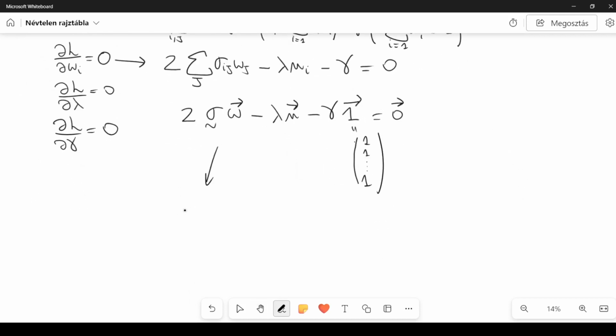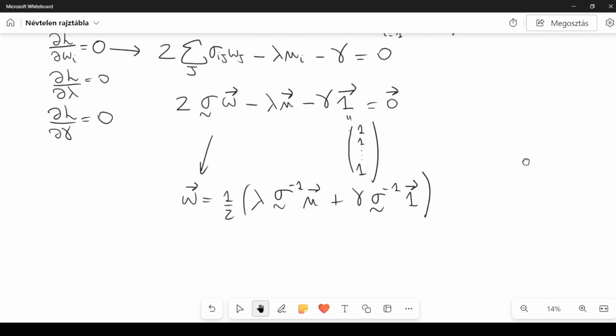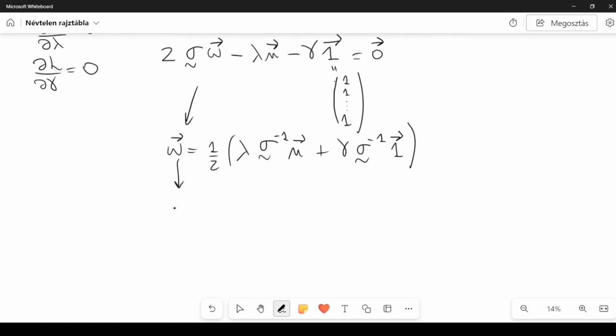So you can rewrite it as omega equal to 1/2 times lambda sigma inverse applied to the vector mu, plus gamma sigma inverse applied to the vector 1. And if you want, you can also rewrite it in index notation.